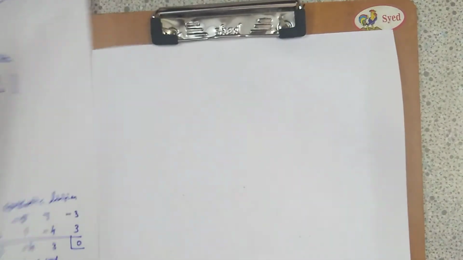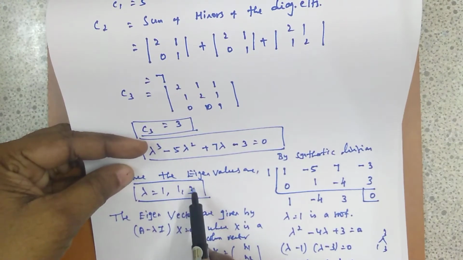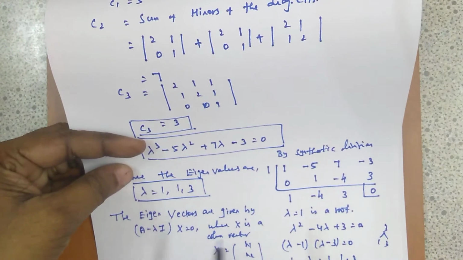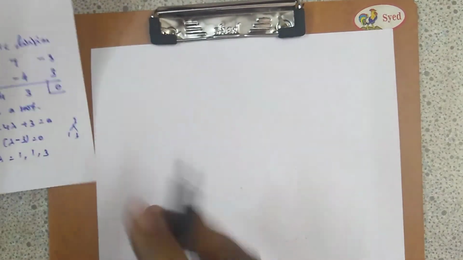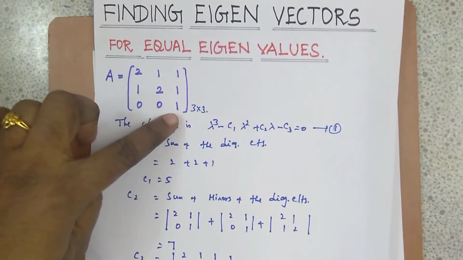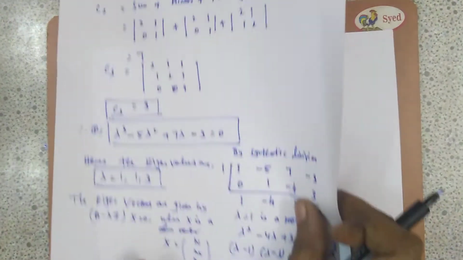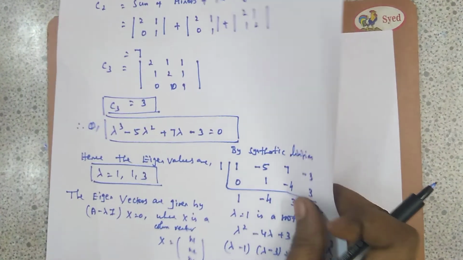Whenever we have equal eigenvalues like this, where one value is different, first we will take the different eigenvalue, then we will go for the equal values. First we will make the system of equations. A minus lambda I means in the given A matrix the diagonal elements are subtracted by lambda, I is the identity, and X is the column vector x1, x2, x3.